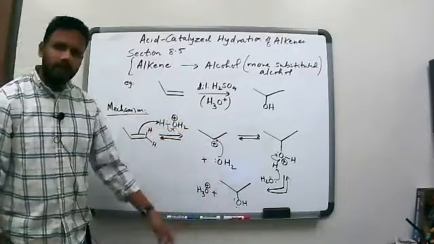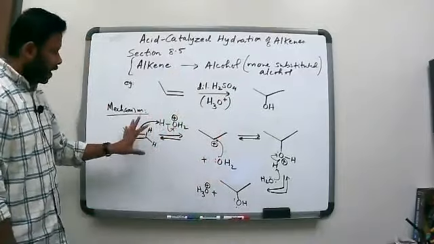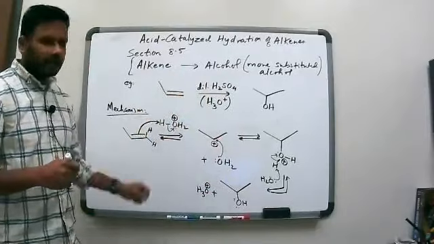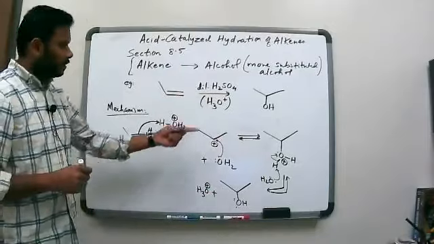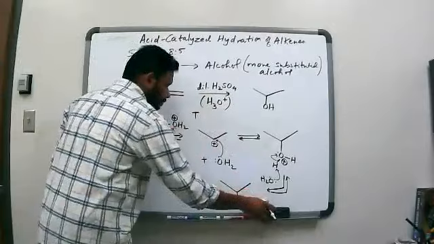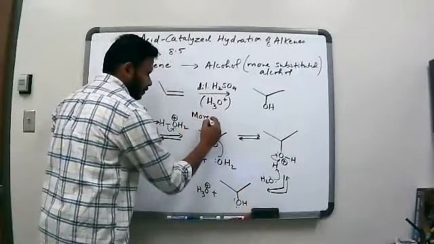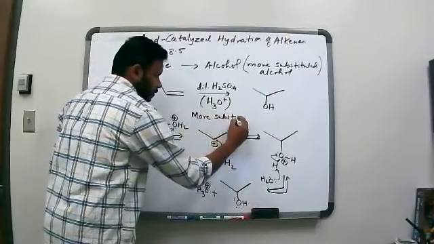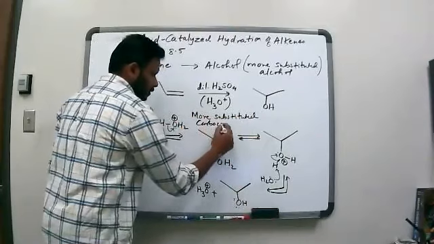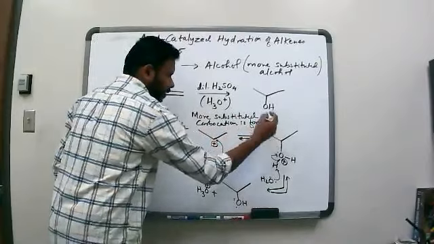So this is the mechanism of a hydration reaction, how we get an alcohol from an alkene. The reason we get the more substituted alcohol is that the more substituted carbocation is formed.